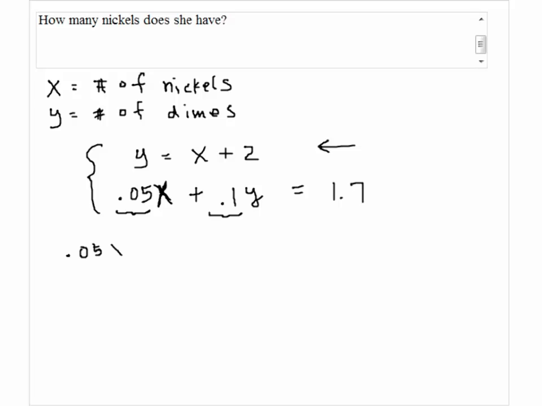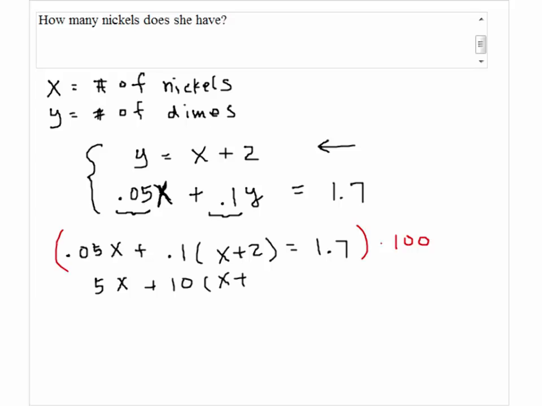So we have 0.05x plus 0.1 times x plus 2 equals 1.7. By multiplying both sides by 100, we have 5x plus 10 times x plus 2 equals 170. 5x plus 10x plus 20 equals 170.